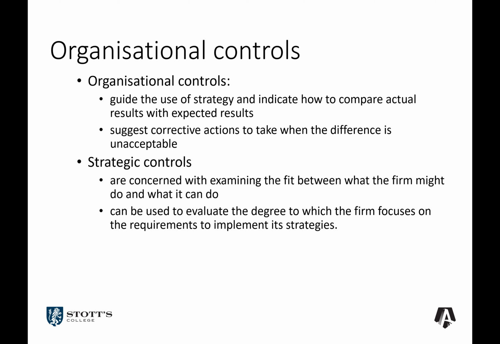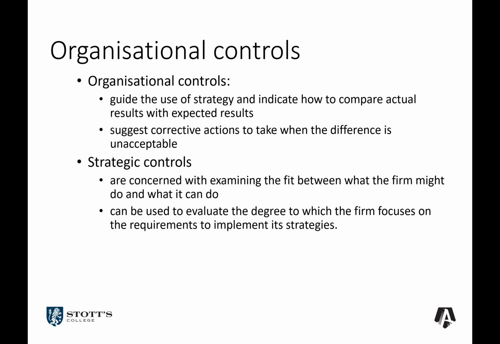You notice that that broader definition has concerns beyond just financial. It's about how it affects the overall performance of the organisation, or indeed the performance of particular functions in the organisation.